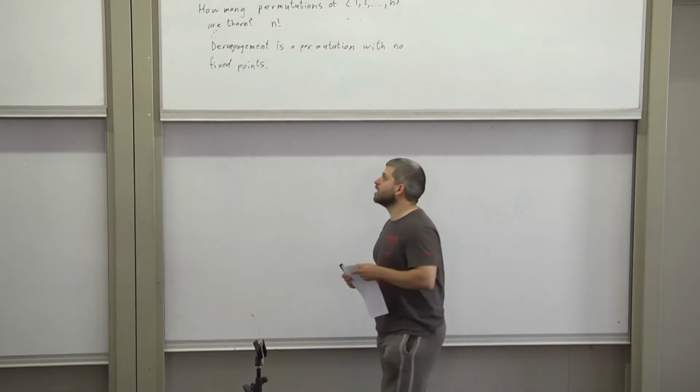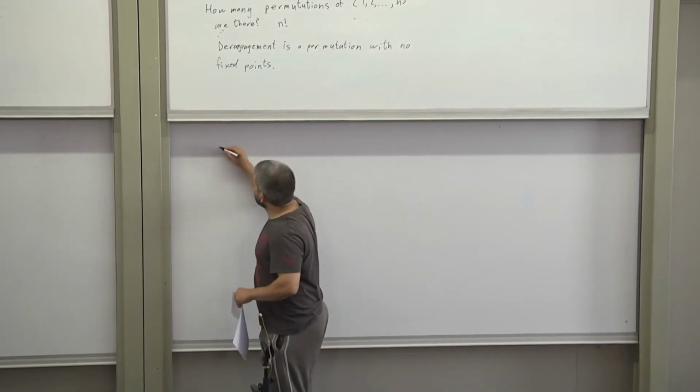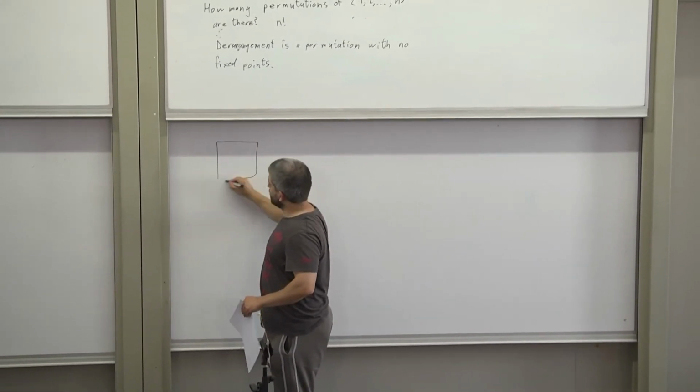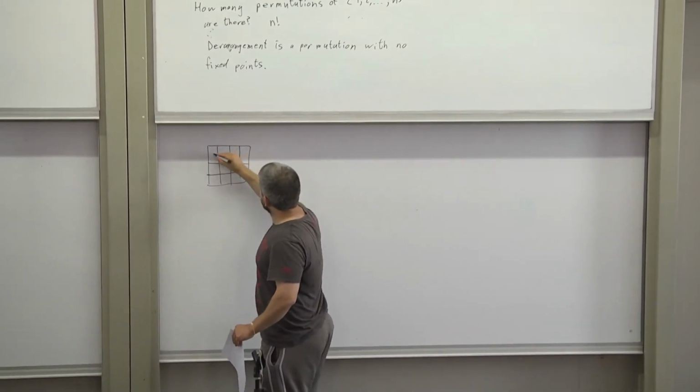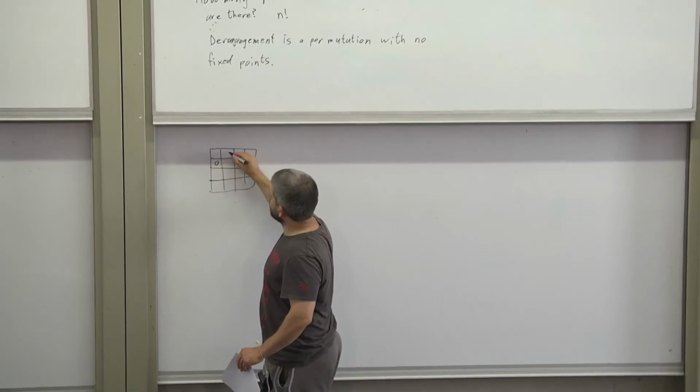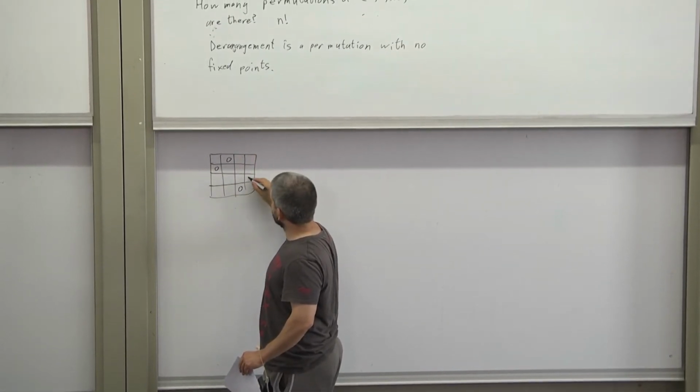If you're familiar with thinking of a permutation as non-attacking rooks, right?